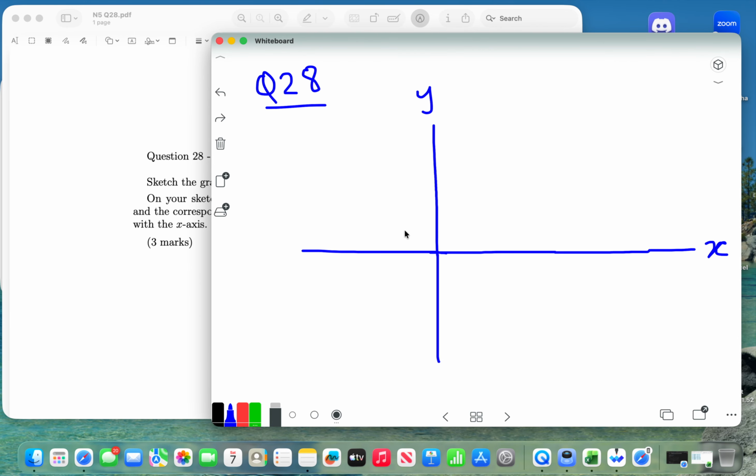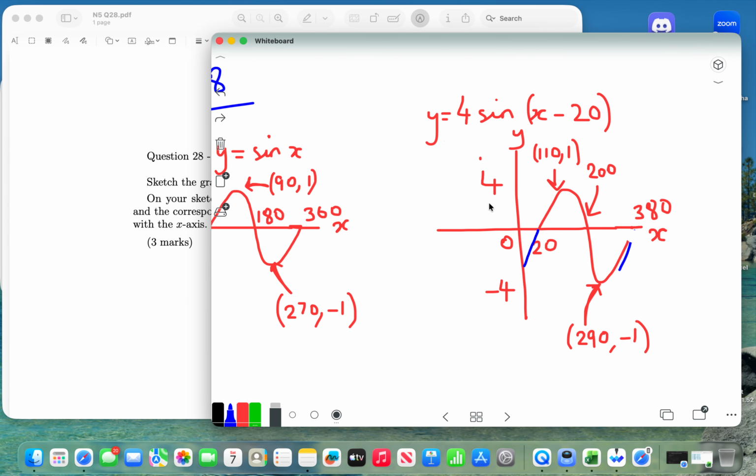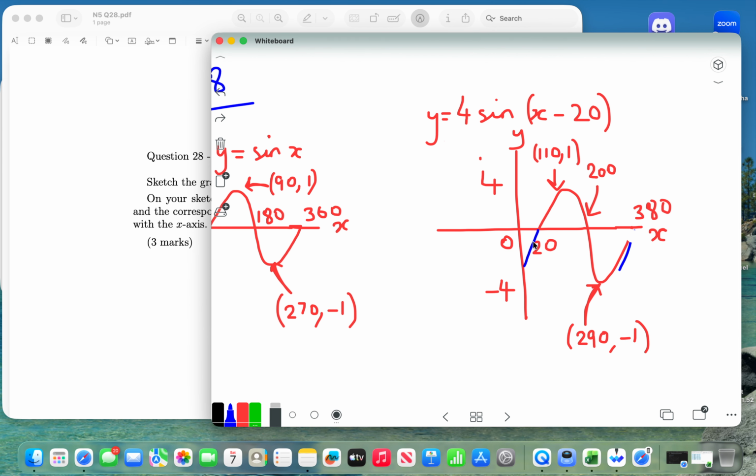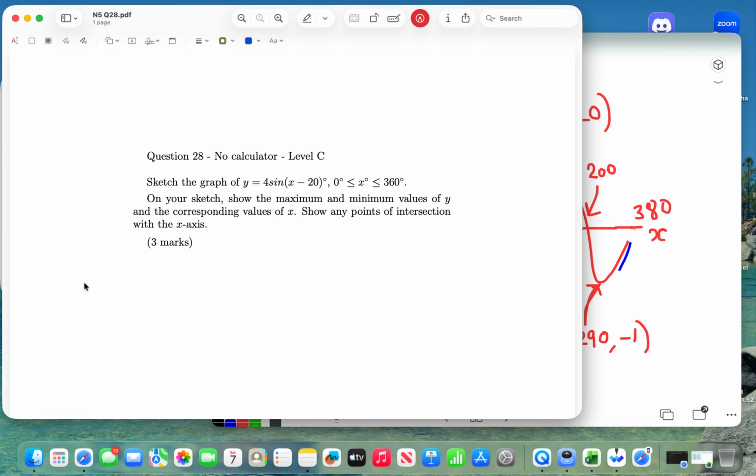X, Y, 0, and maximum and minimum are 4 and -4. We're just copying the shape. So you start a bit below. You don't have to find the intersection with the Y axis. So you just have to get the intersection with the X axis.